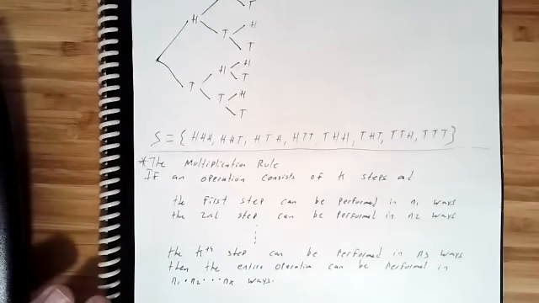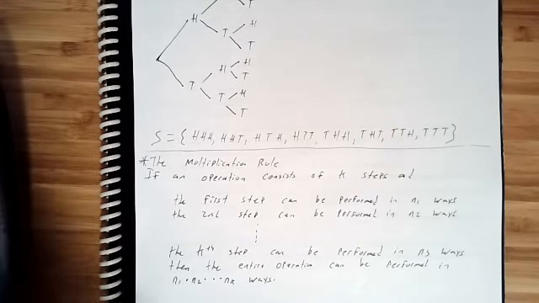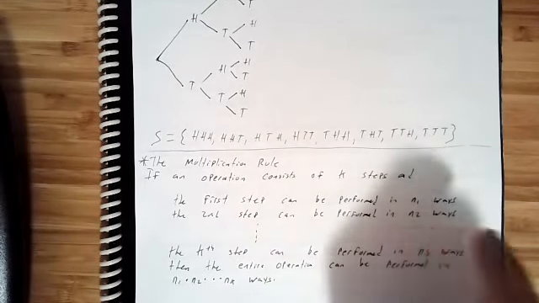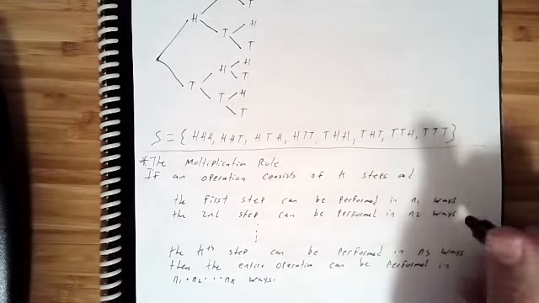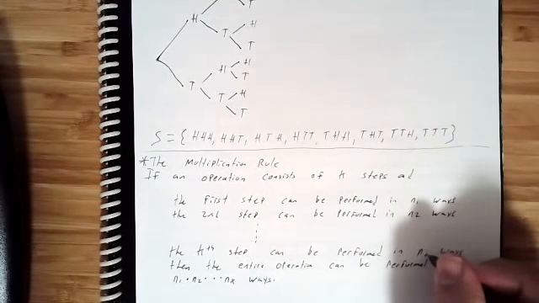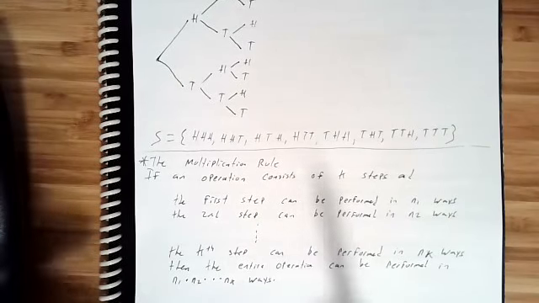Okay, here's the multiplication rule. If an operation consists of k steps, and the first step can be performed in n1 ways, the second step in n2 ways, all the way until nk ways, then all you have to do is multiply the number of ways together, and you'll have the entire operation.